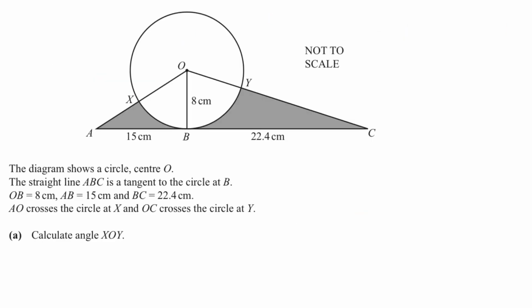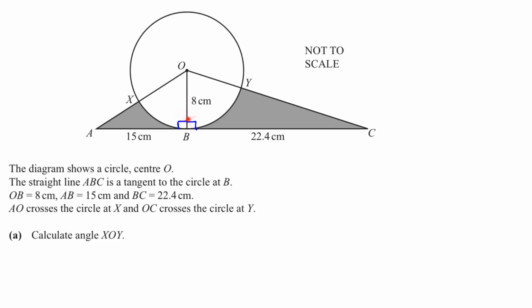Next question. The diagram shows a circle, center O. The straight line ABC is a tangent to the circle at B. Tangent means it touches the circle at one point. It also means the angle between the radius and the tangent is 90 degrees. So this is 90 degrees.